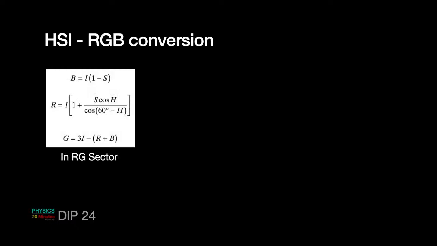The reverse conversion is also possible. So if HSI is given and if you want to convert it into RGB, then you can use the formula, although the formula differs sector wise. So in the red to green sector, if you remember the color wheel, it is red, orange, yellow, green, etc. In the red to green sector, which is around 120 degrees, these formulae apply.